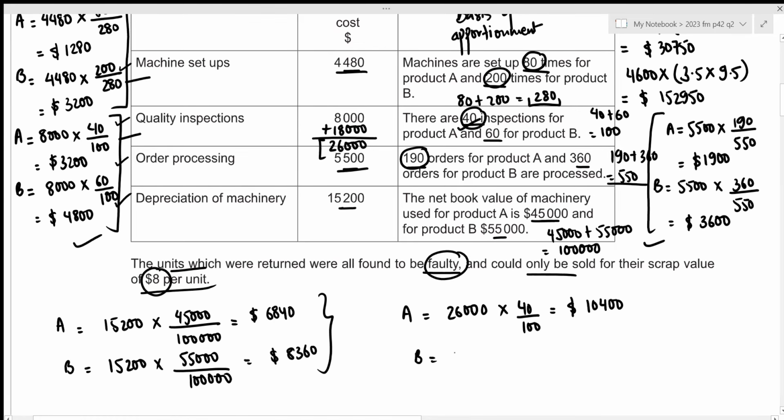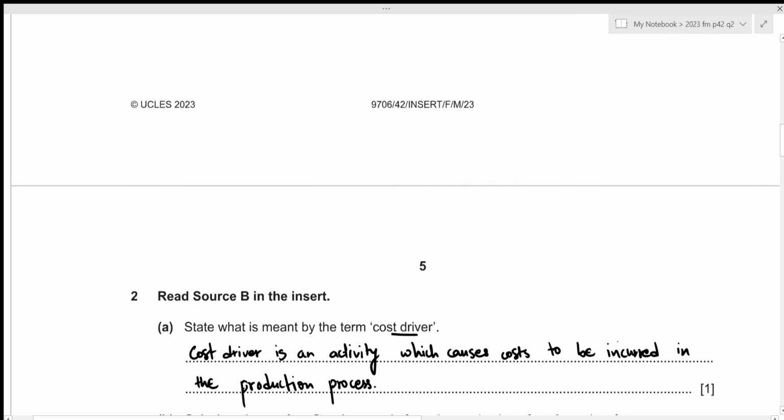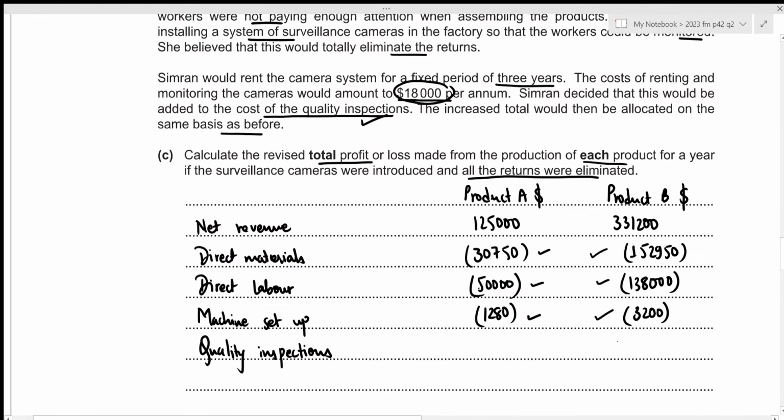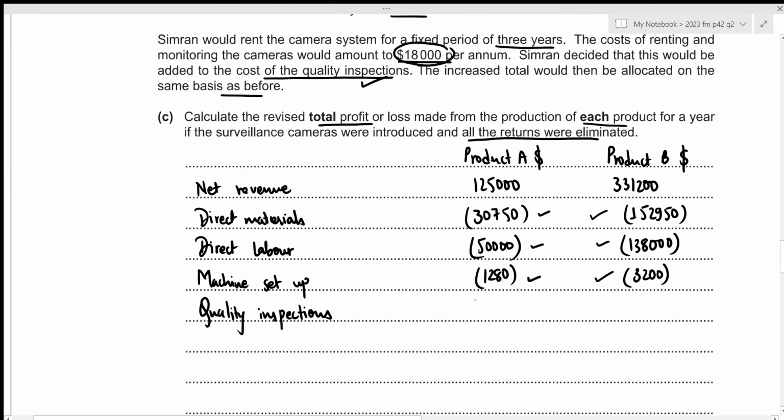We repeat the same process for B. So that's going to be 26,000 multiplied by 60 divided by 100, which results in the value of 15,600. Let's write it down. So that's going to be 10,400 for A and 15,600 for B.